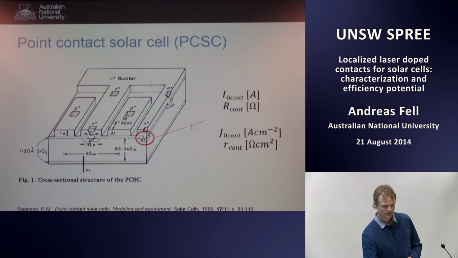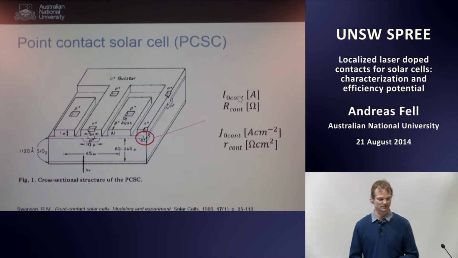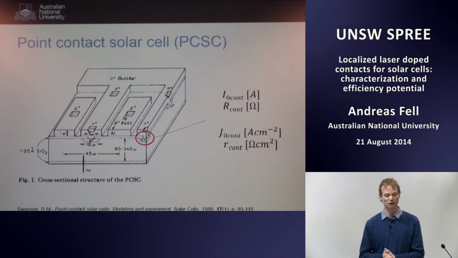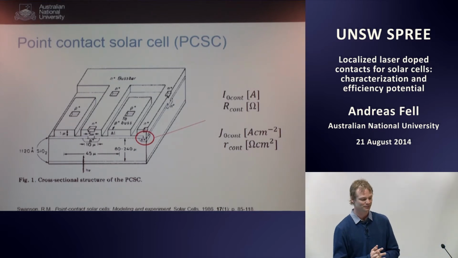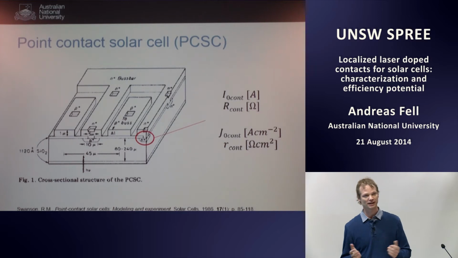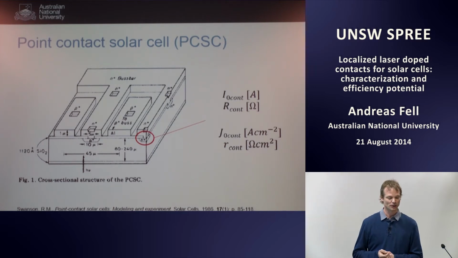Whatever that total saturation current might be, for the simulation you can always assume that it's evenly distributed throughout the size of the contact, and assume an area average constant dark saturation current density. That will have the same impact on the device, as I just told you.